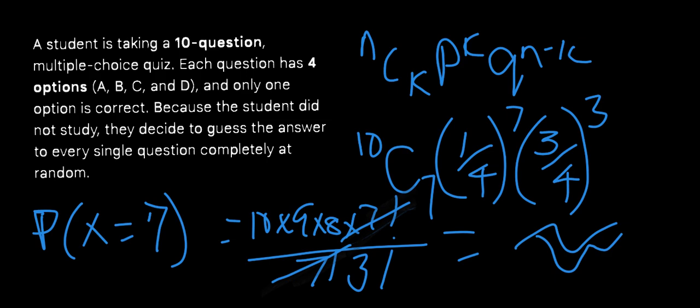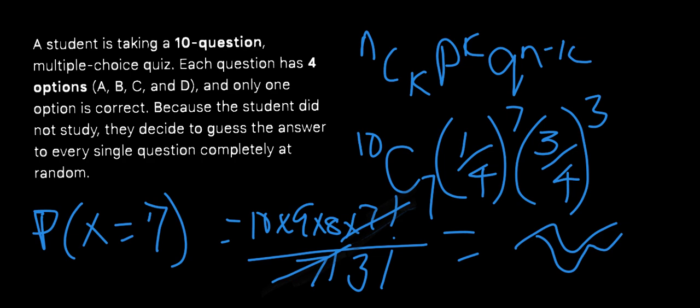But to say it again, n is the number of items available, and k is the number of items you are to choose. And p is the probability of success, and q is the probability of failure.